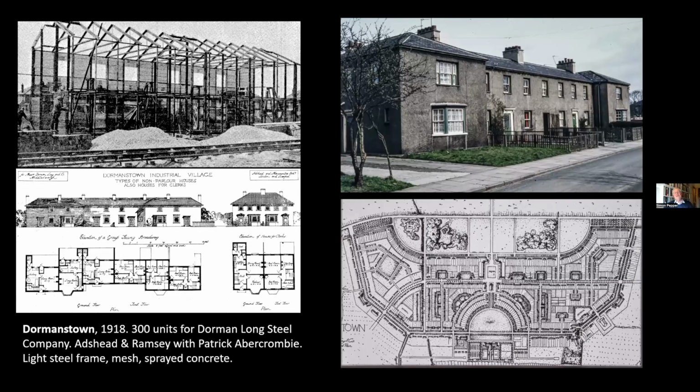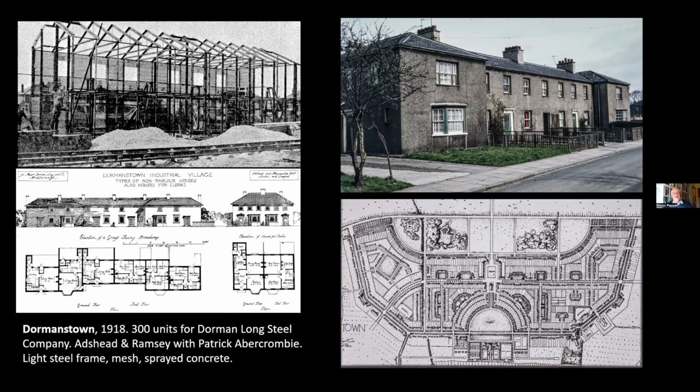The purest example of the new style was to be found at Dormanstown, a workers' town built by the Dorman Long Steel Company, using as their architects Adshead and Ramsey, with a certain Patrick Abercrombie working with them. These are names that will recur later in the story.